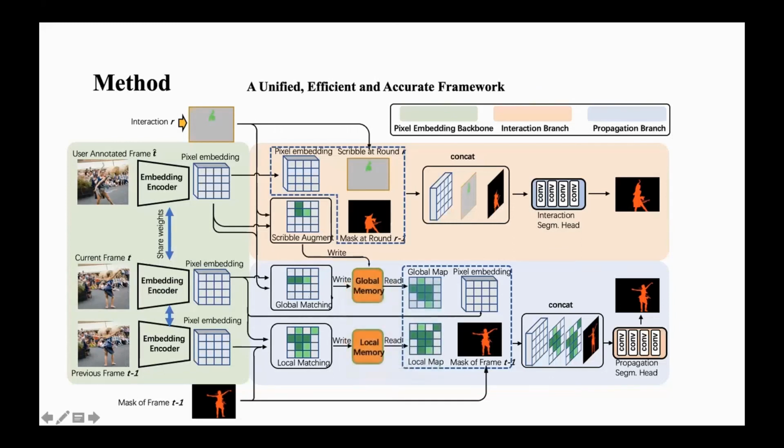The global map aims to propagate the information from the annotated frame, and the local map aims to propagate the information from the previous frame, because the previous frame is very similar to the current frame, and we have the predicted mask of the previous frame, so we can propagate the predicted mask to the current frame.